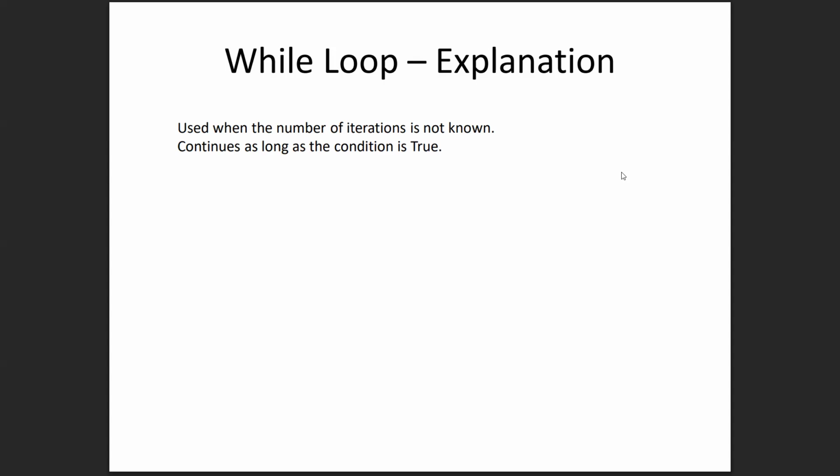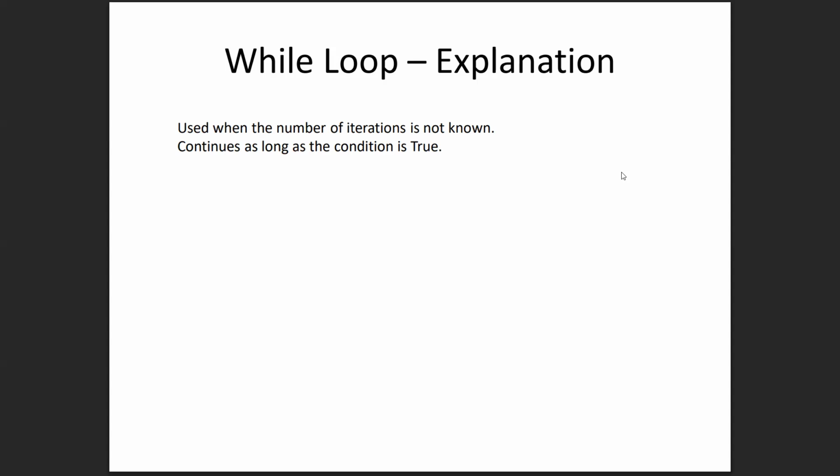As long as the condition is true, it will keep printing the output. Whenever the condition becomes false, it will stop. So the while loop is used for running the loop as long as the condition is true.